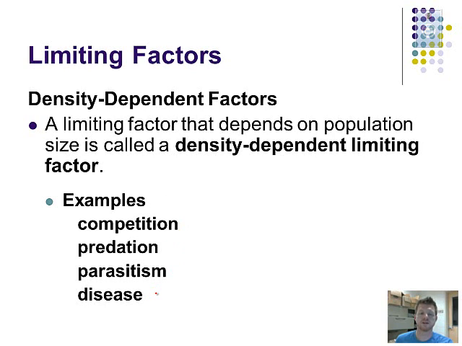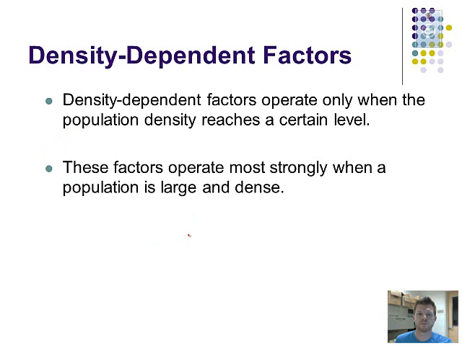And diseases are easily transmitted when densities are high. Those are density dependent limiting factors. If population densities are low, then we're going to have less of each of these factors. And again, they're going to be the strongest when the population is large and dense.